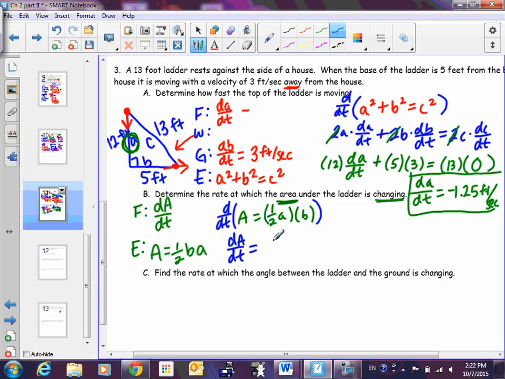So derivative of 1/2 a is going to be 1/2 dA over dt. That's the first part. Times just b. Plus just 1/2 a times derivative of b, which would be 1 dB over dt. So this is kind of more like what we did yesterday, but we didn't have to do product rule yesterday.